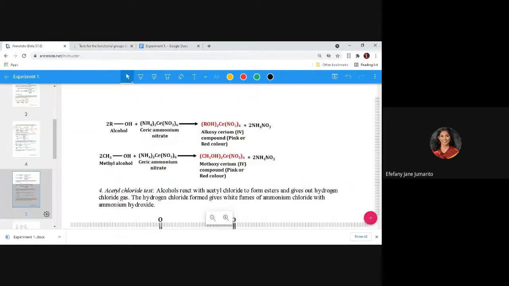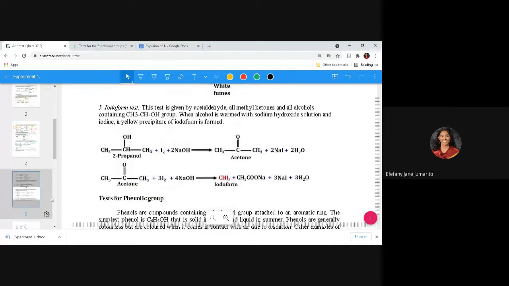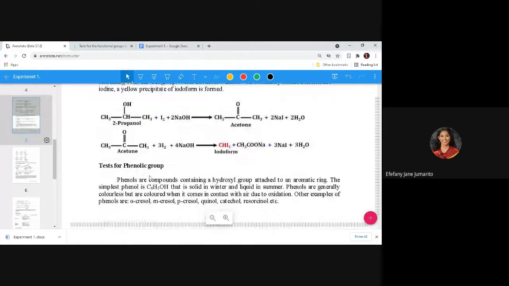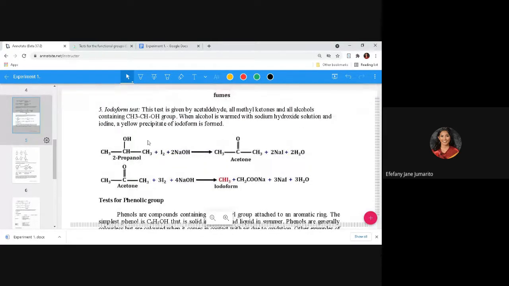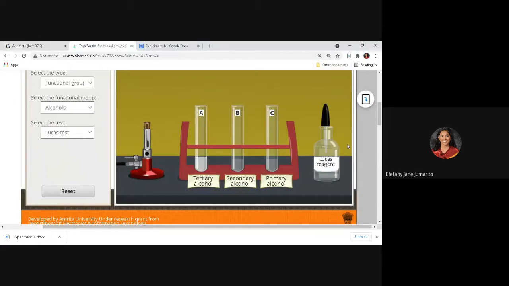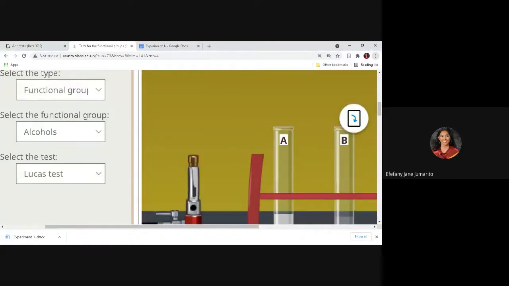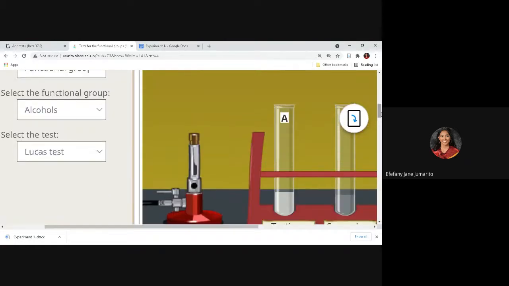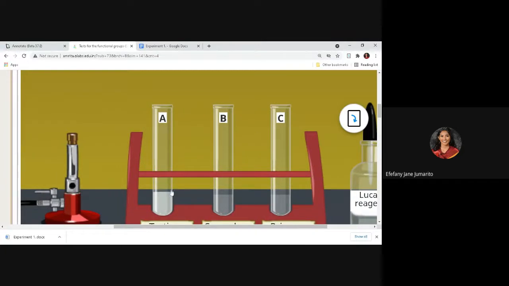Now in the Lucas test, again, class, if the cloudiness, as you can see here in the test tube, appears immediately when you put the Lucas reagent, then that alcohol is a tertiary alcohol.